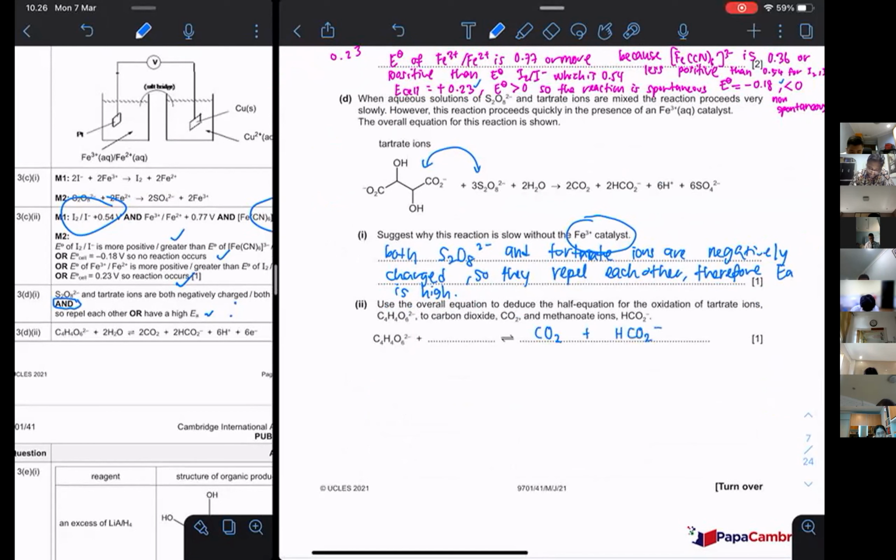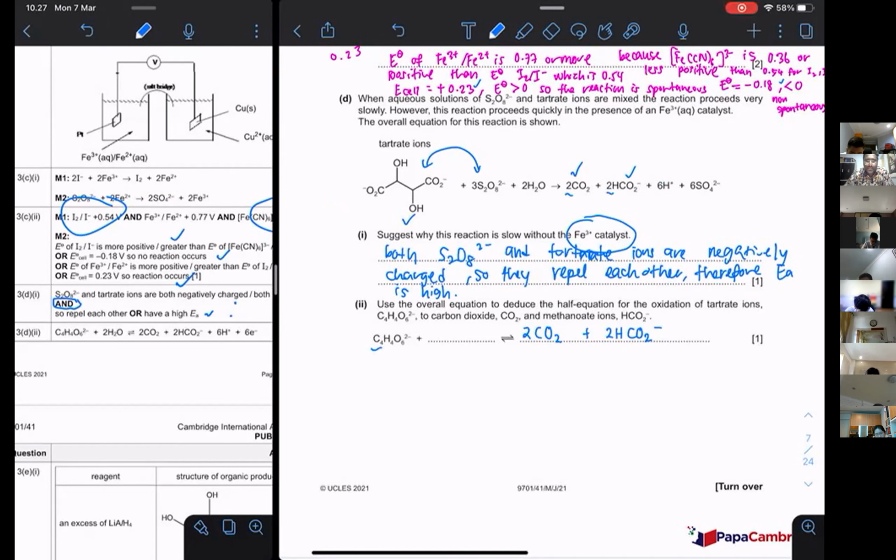You know that there are 4 carbon in total, so I just need to put 2 there, 2 there. So we just follow like this, that one is no problem.